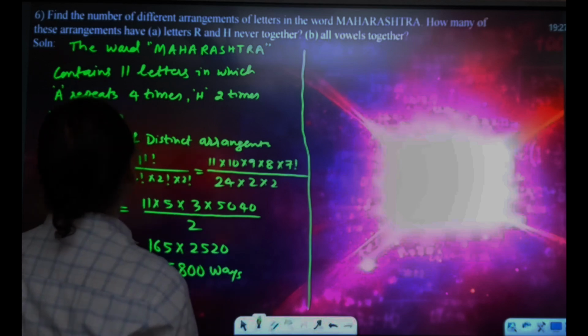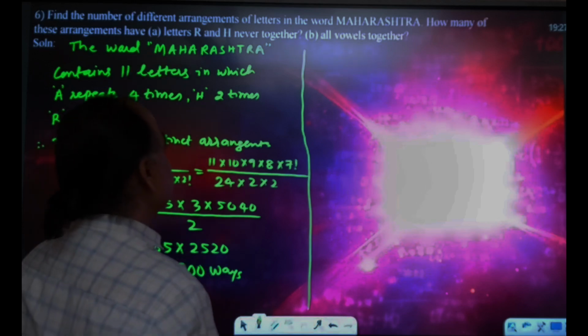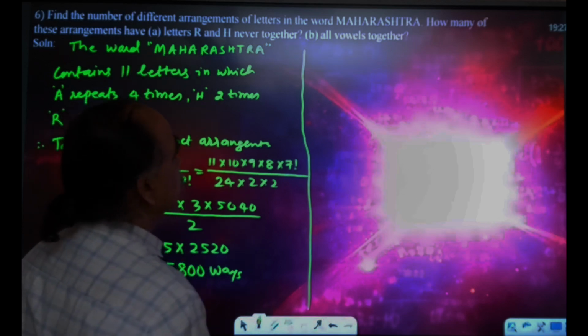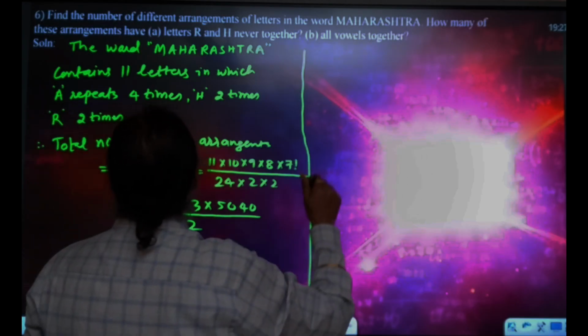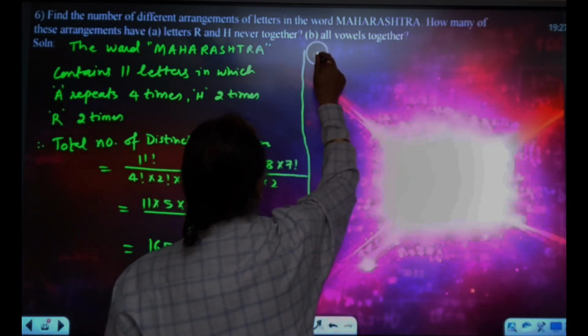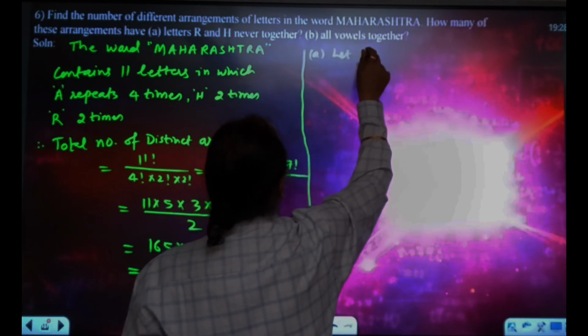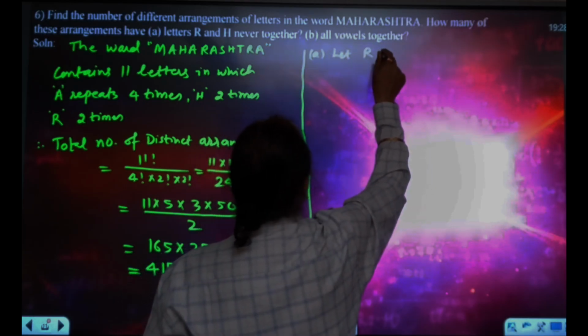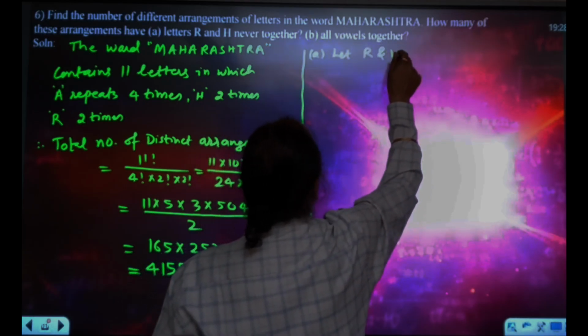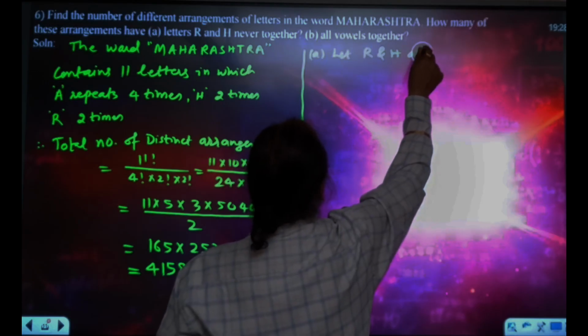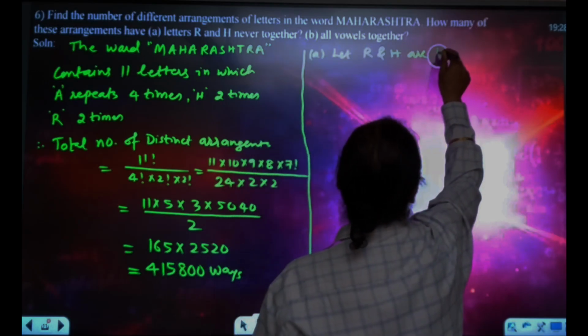Then further, the first part is: letters R and H never together. Let R and H be together.